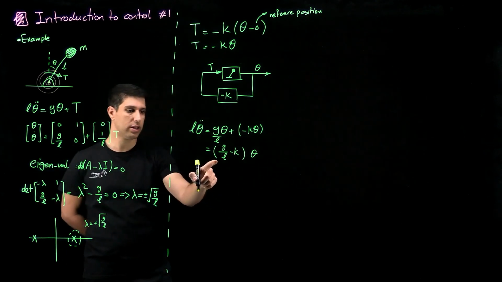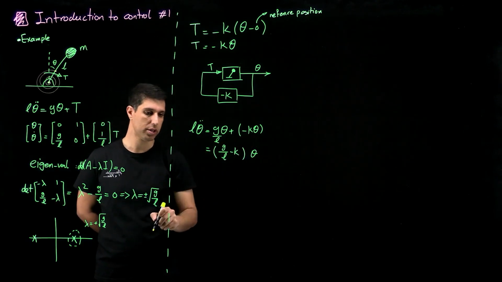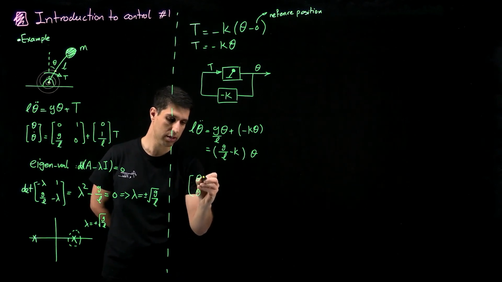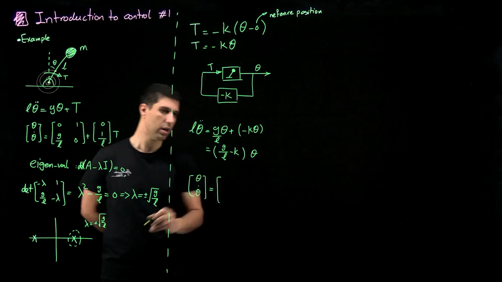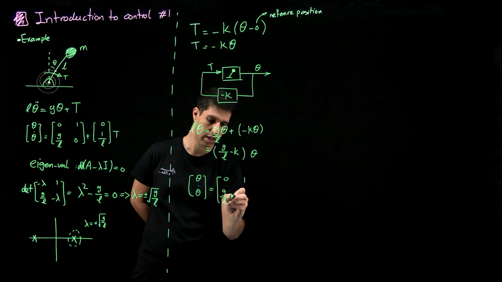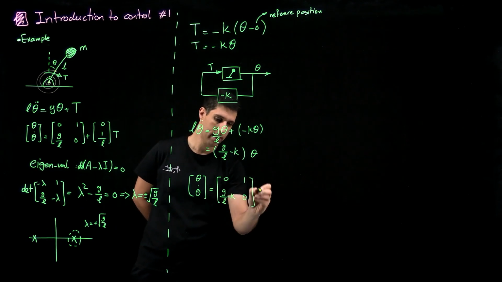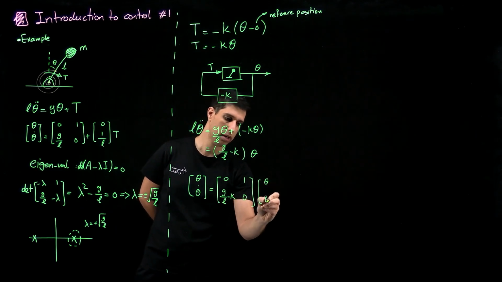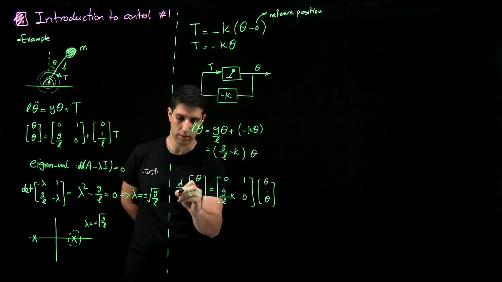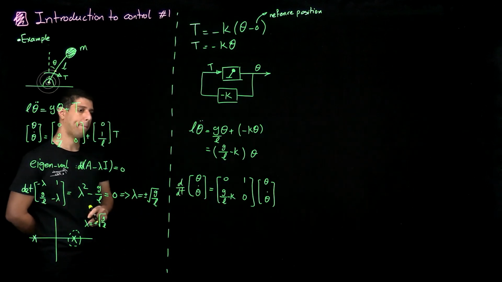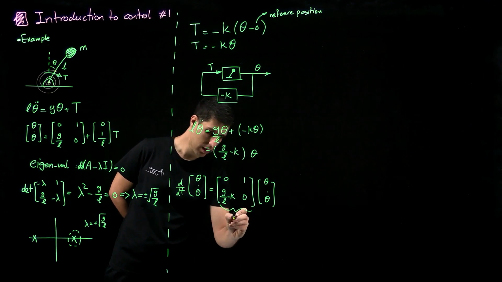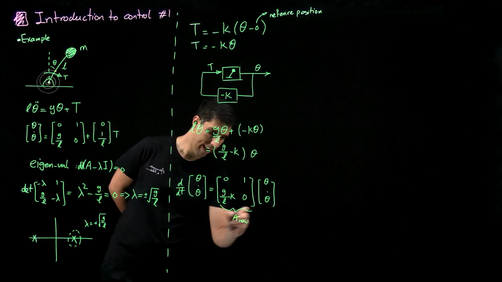Now if I write this new system equation in a state space form, my two states are theta and theta dot, and d over dt of this equals 0, 1, G over L minus K, 0, times theta and theta dot. This is my new A matrix, A new.